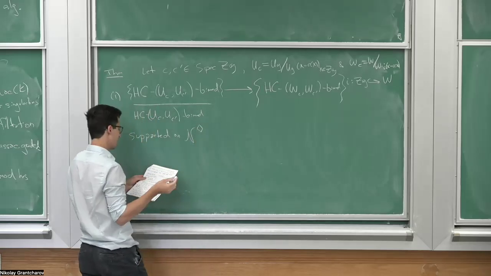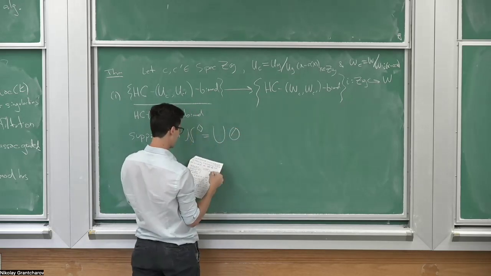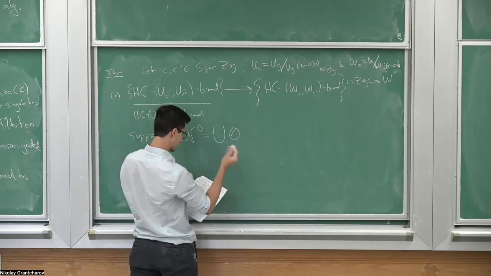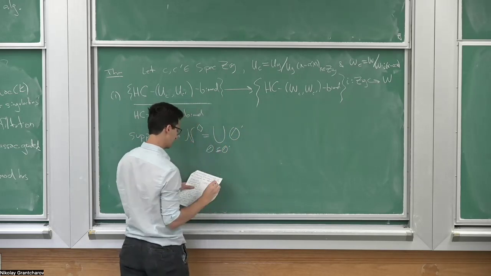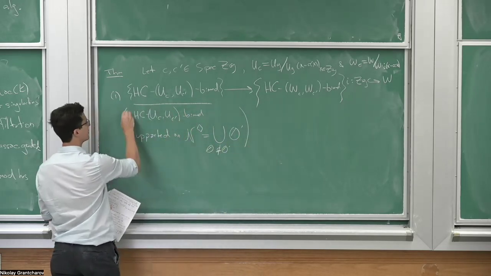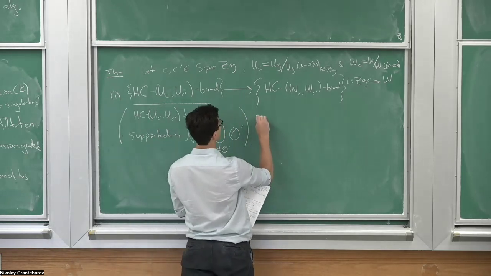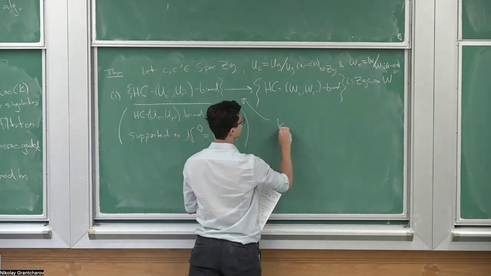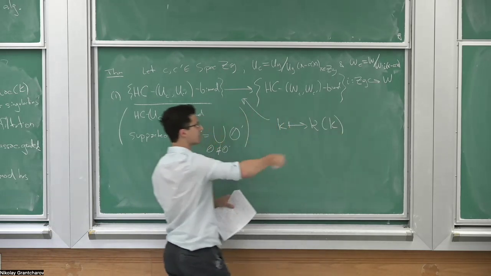Notation: N diamond is the union of all nilpotent orbits which do not contain this fixed orbit. So this is killed under the functor given by Whittaker reduction. So this functor kappa maps K to kappa of K.